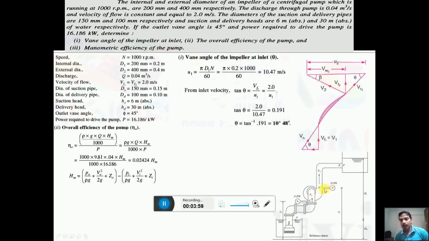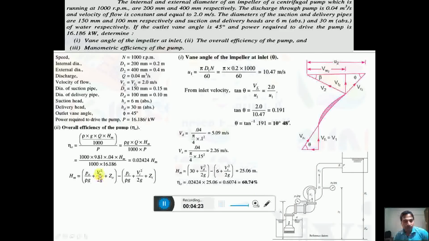So we have to simply take difference of total head at outlet and total head at inlet. That's why it is written here as Vo by rho g plus Vo square by 2g plus Zo minus Pi by rho g plus Vi square by 2g plus Zi.